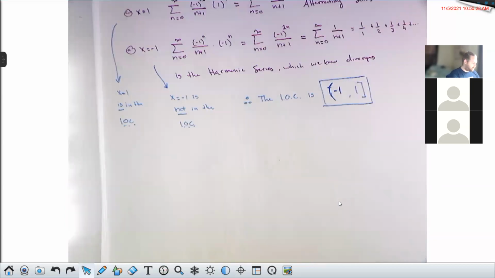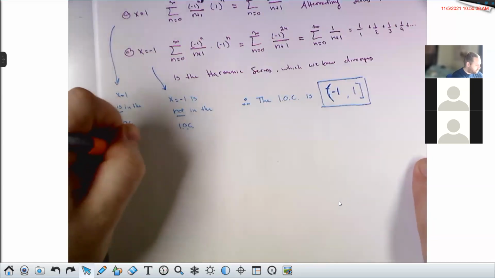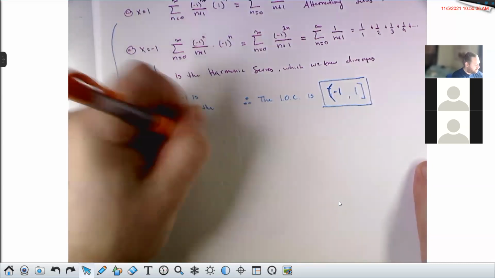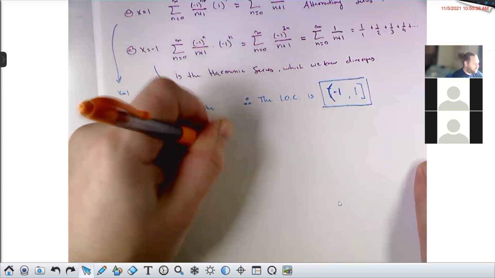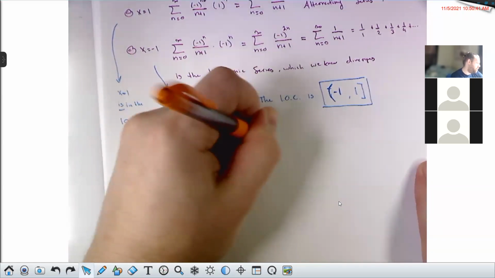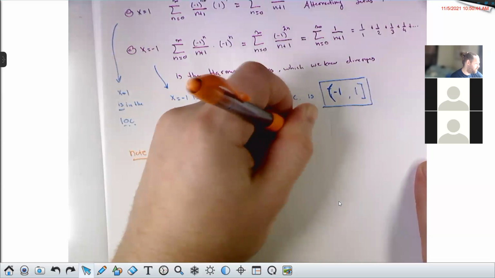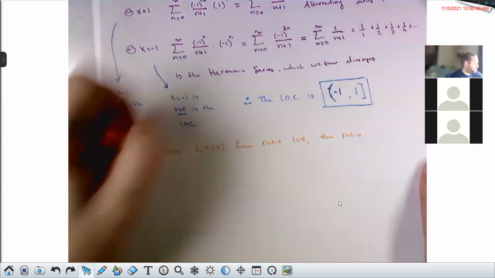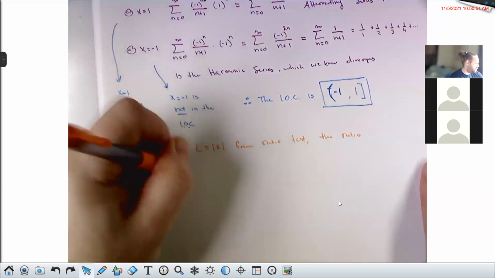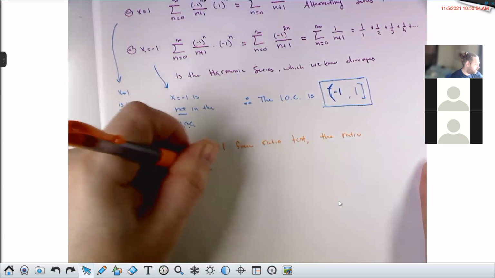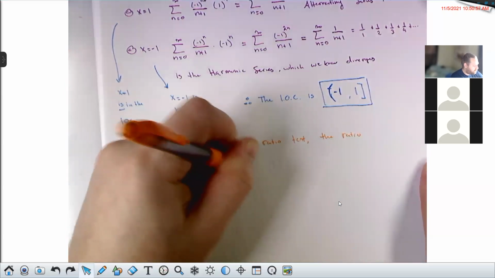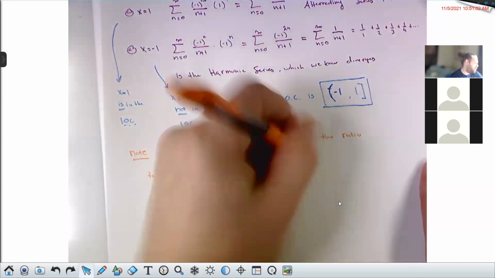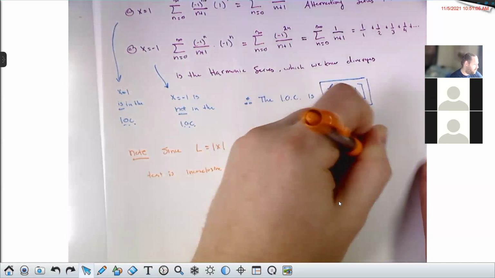I like that. I like that enough that we should make a note. Since L equals absolute value of x from the ratio test, the ratio test is inconclusive at x equals plus or minus 1, because those make L equal to 1.